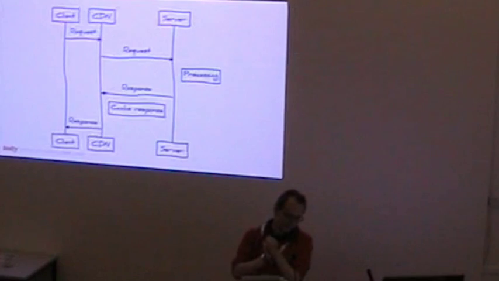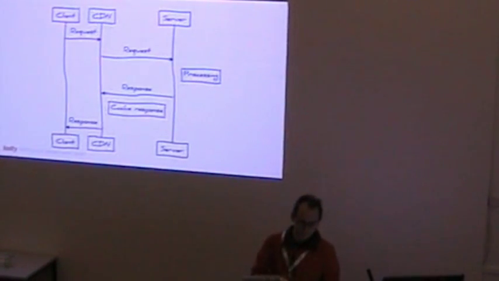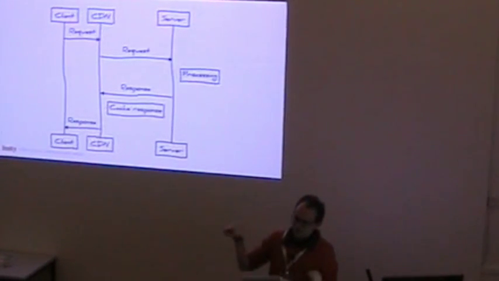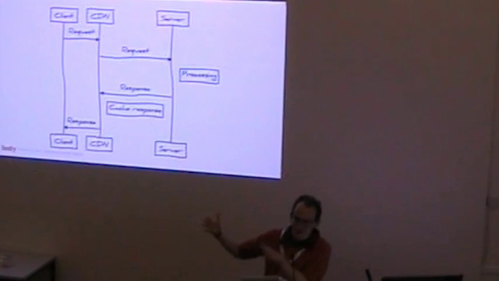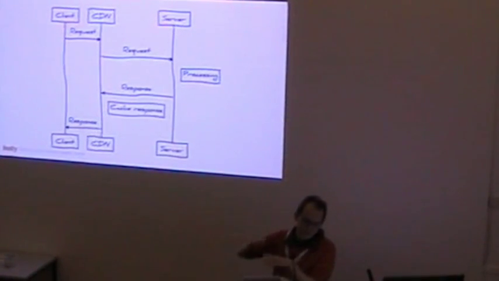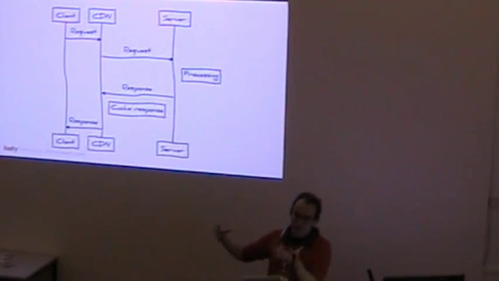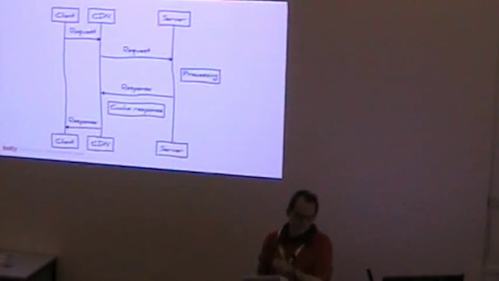And then the CDN caches it, and then hands it back to the user. So it might seem like an extra request, but the nice thing about this is that the CDN to server bit is generally optimized over the CDN's backhaul and optimized connections. So it's probably faster having a CDN and not doing any caching than not having a CDN at all.